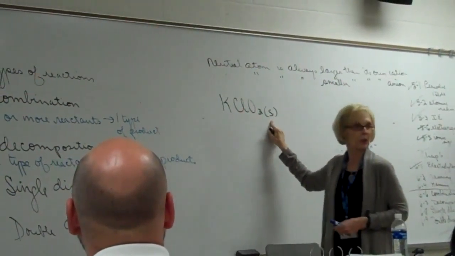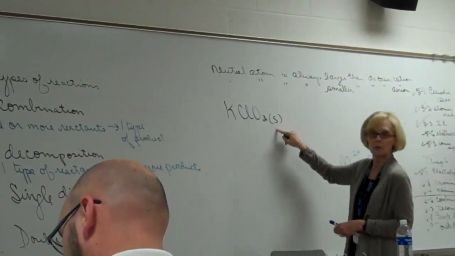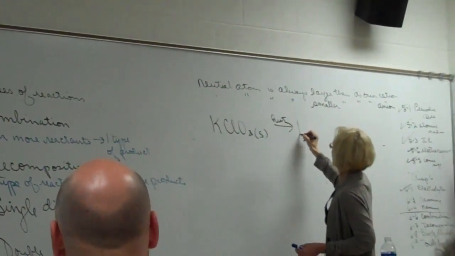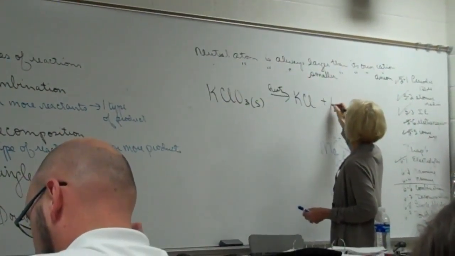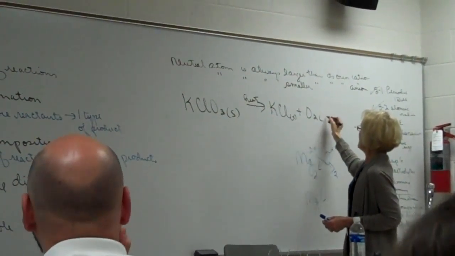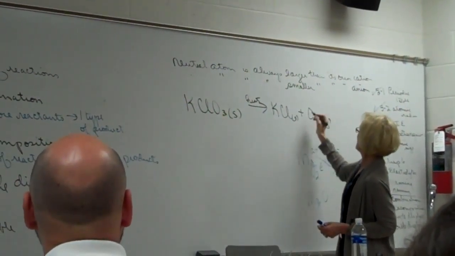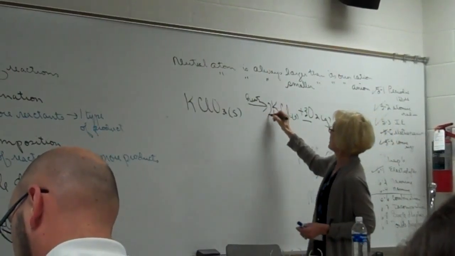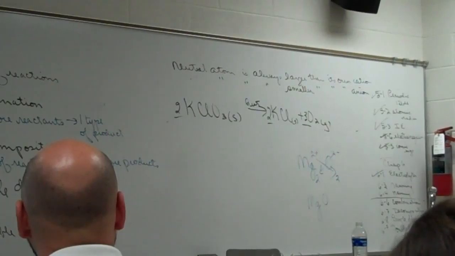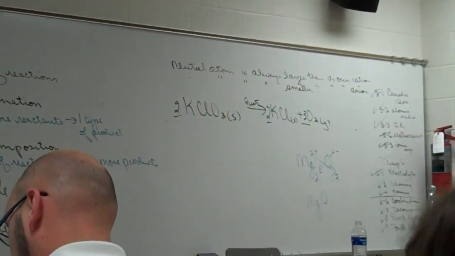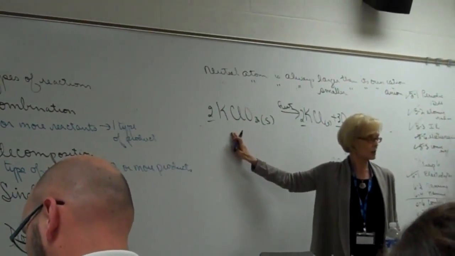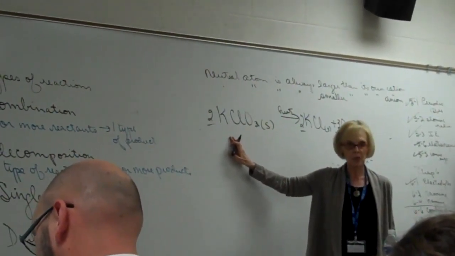And sometimes people include the physical states here, and sometimes they leave it out. If we heat this up, this is what happens. Solid and gas. And let's see, to balance that, we have to do that. So you would get the whole thing. Just what kind is it? And because you start with one type of reactant, you know it's a decomposition.